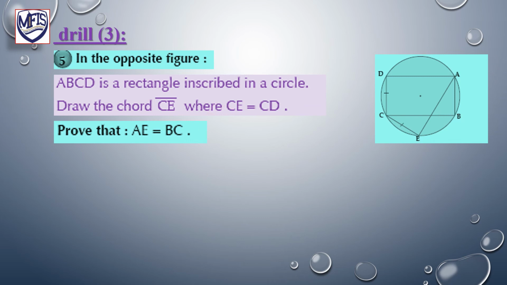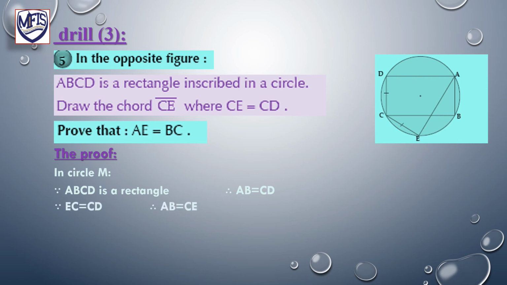Let's see the steps. In circle M, ABCD is a rectangle, therefore AB equals CD, two opposite sides in the rectangle. And since EC equals CD, given, therefore AB equals CE.